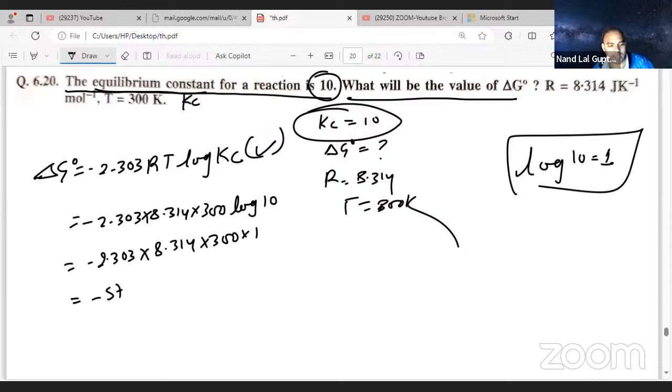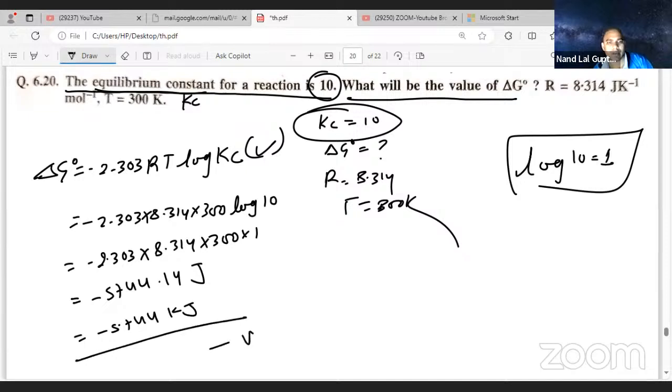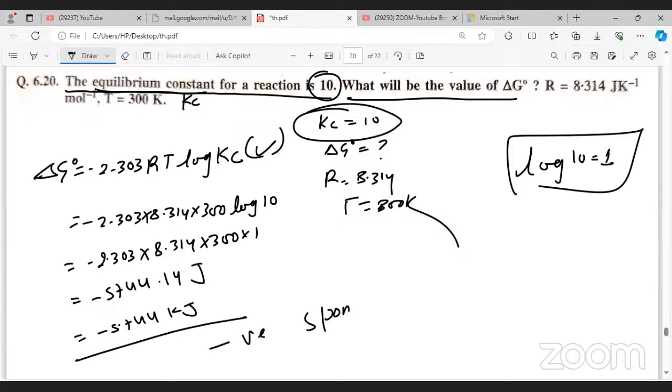It is coming 5744.14. Okay. This will be in joule. In kilojoule, it will be 5.744 kilojoule. Negative, 19.9 into 300. Very good. Negative means this one.